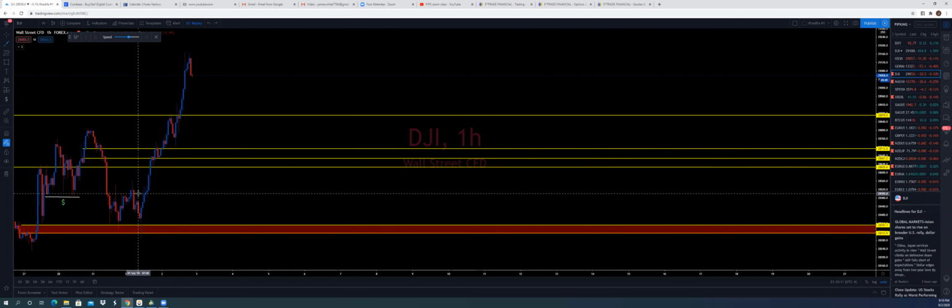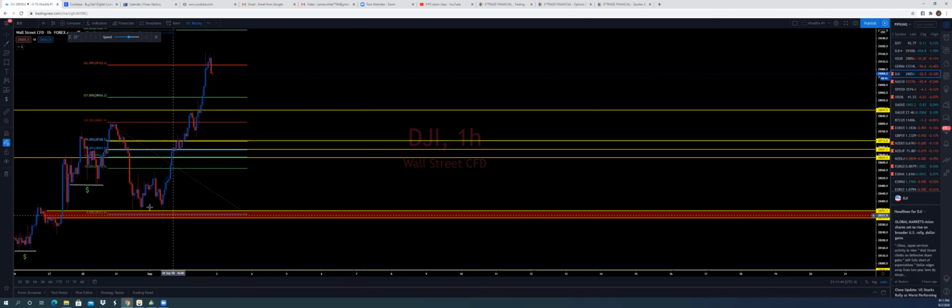But let's just say you were wrong, that the market was going to continue its bullish run, which it did. You still could have used these exact same levels to re-enter on the continuation. That's how powerful those levels are.